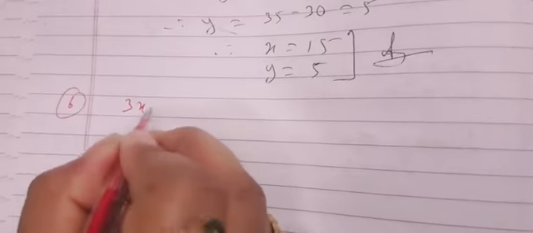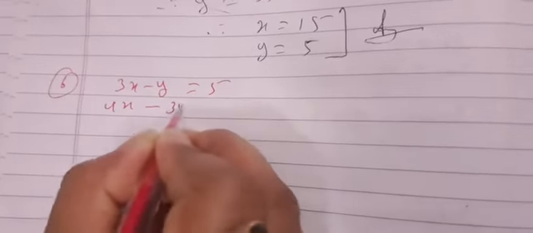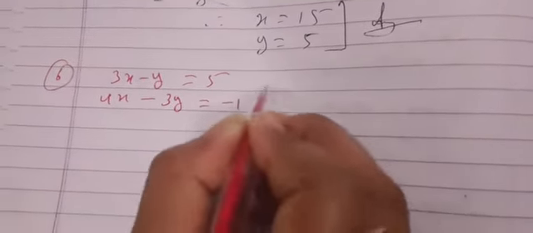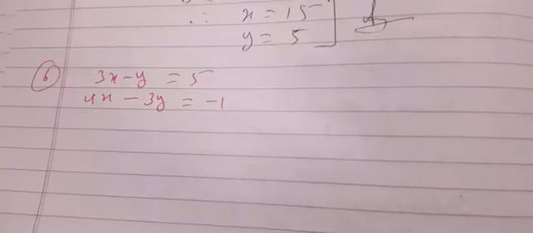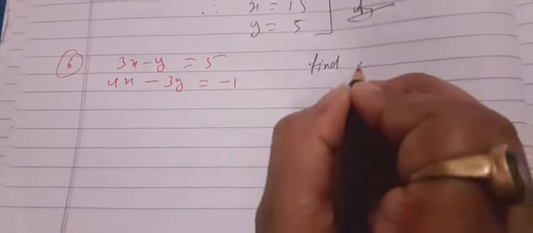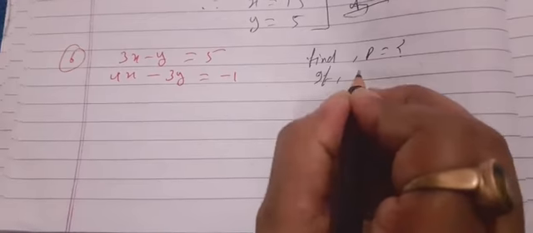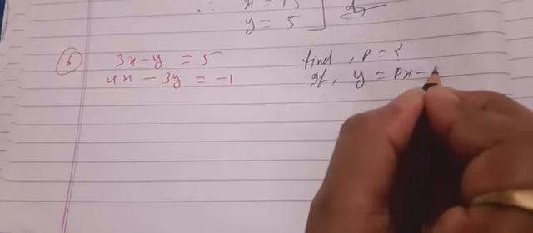The equations were 3x minus y is equal to 5 and 4x minus 3y is equal to minus 1. Okay children, and we have to find the value of p. The equation was y is equal to px minus 3.